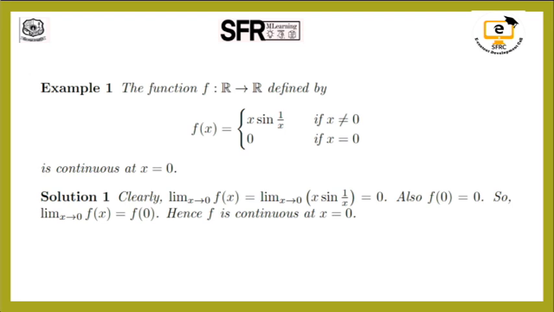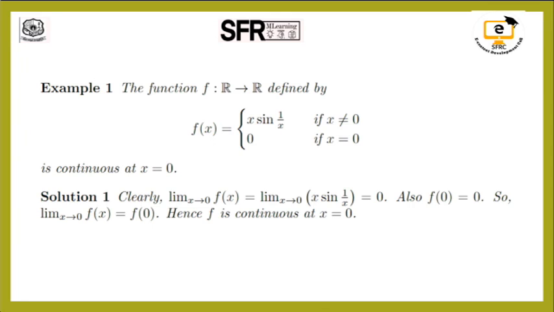To prove f is continuous at the point 0, what we have to prove is limit x tends to 0 of f of x equals f of 0. So we approach 0 in the domain so that the image f of x approaches f of 0. Limit x tends to 0 of f of x equals limit x tends to 0 of x sin 1 by x. Here sin 1 by x is a bounded function, and if we approach x to 0 then x also approaches 0.